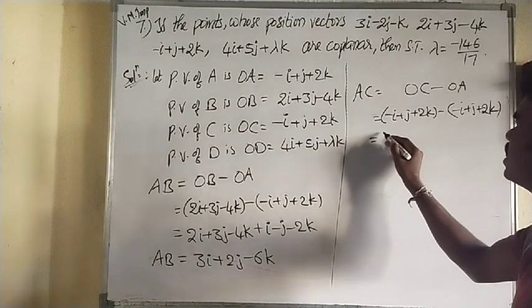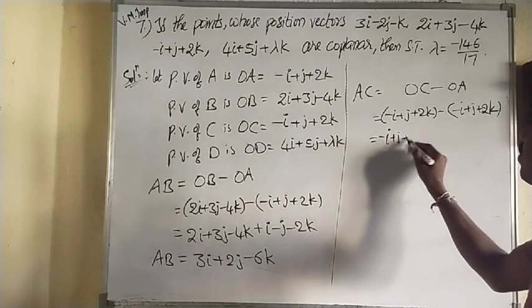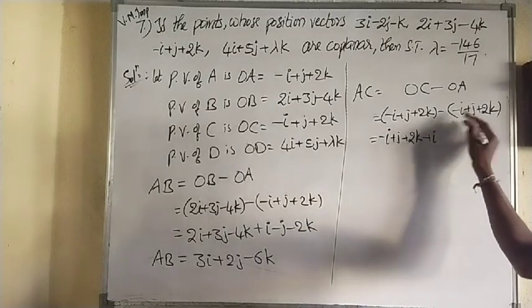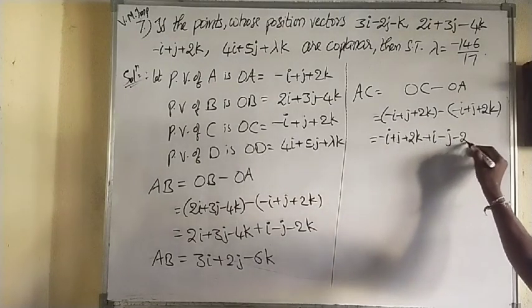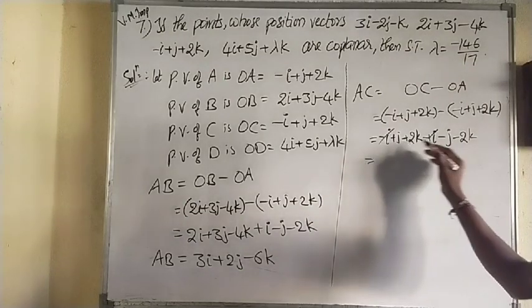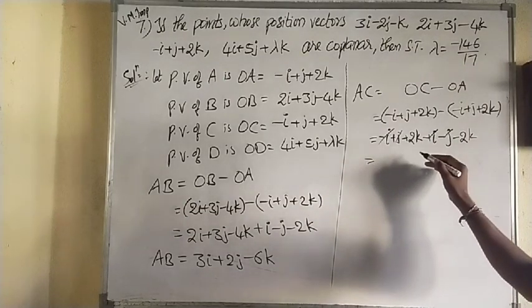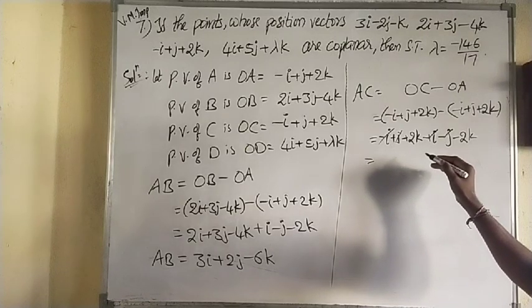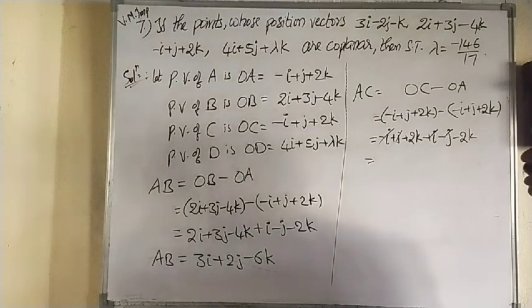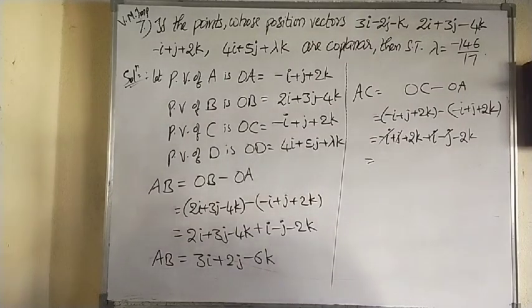Simplify this: minus i plus j plus 2k as it is, but minus into minus plus i, minus into plus minus j, minus 2k. Now plus i minus i gets cancelled, j minus j also gets cancelled, plus 2k minus 2k also gets cancelled. Let me check it, is anything wrong?